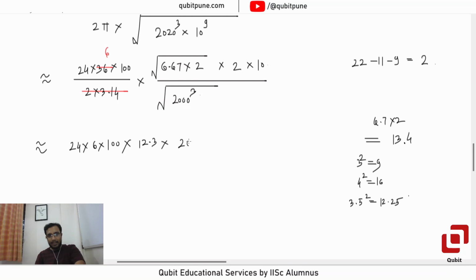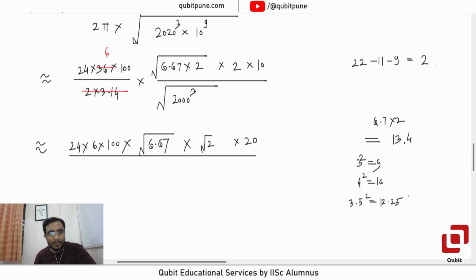Okay, wait. We can just keep it as root of 6.67, this root 2 is there, into 20.